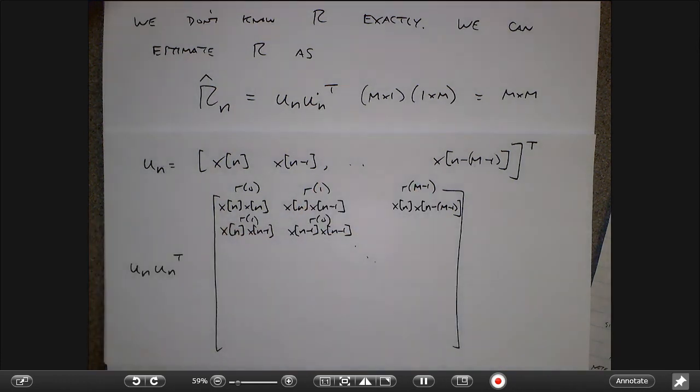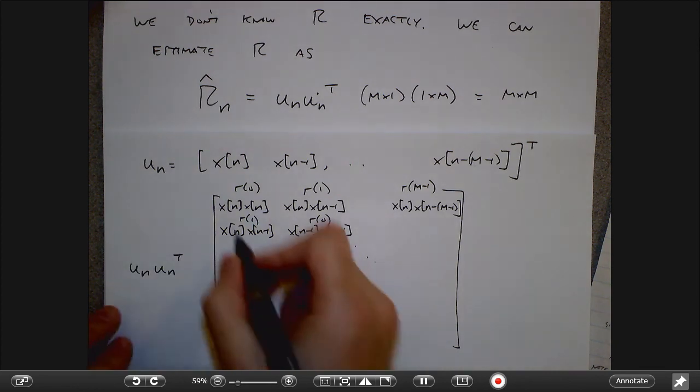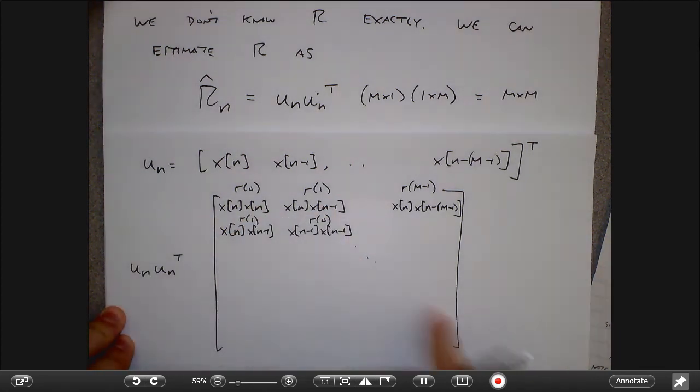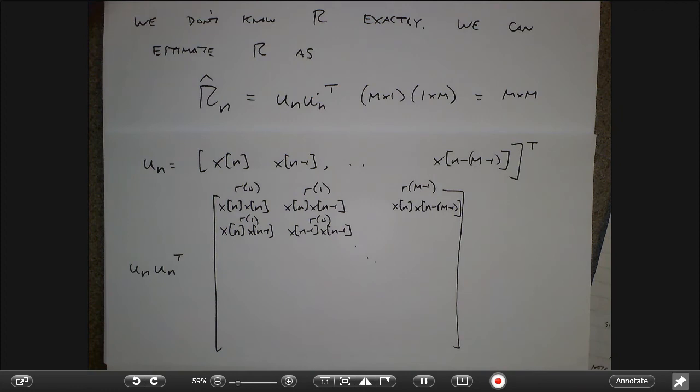So in some sense, this estimate of R is probably a pretty noisy estimate of the underlying covariance matrix. For example, there's nothing that will make the diagonal elements of this R hat sub n the same, even though I know for the ideal autocorrelation matrix, the diagonal is R0 all the way down the line.